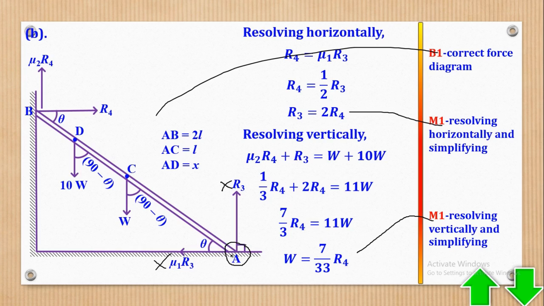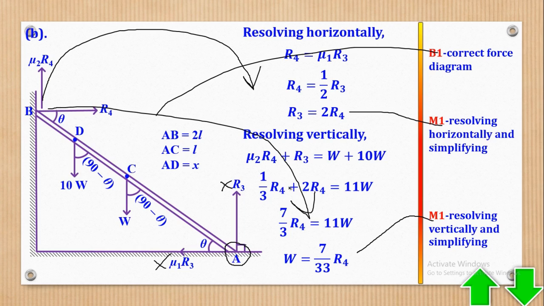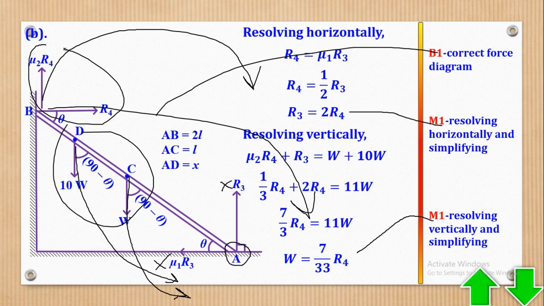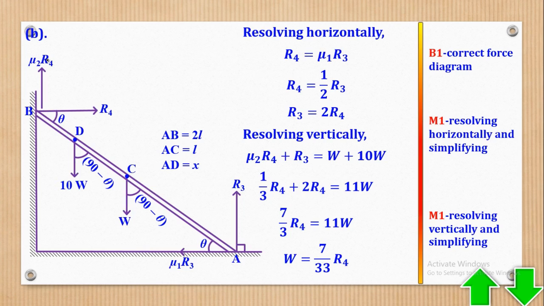So when I stand here, this force will give me a clockwise moment, and also this one will give me a clockwise moment. But this one will give me an anti-clockwise moment, and also this one will give me an anti-clockwise moment. What does that mean? It means that the sum of these two moments will be equal to the sum of these two moments. So let's start with these ones which are clockwise.